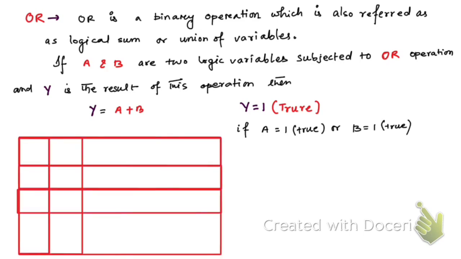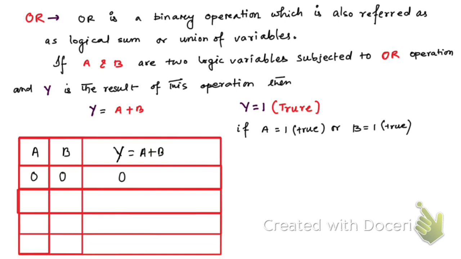Now let me draw the truth table for this operation. So a and b, y is equal to a plus b, that means OR operation. When a and b both are 0, then only it can be 0. That means if a and b both are false, then the result will be false. Otherwise, if any one of either a or b is true, then the result will also be true. If both are true, then also true.